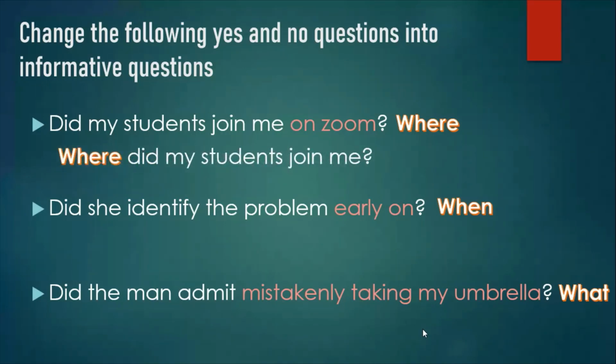So you see, where did my student join me? Very simple. All we have to do is place the WH question word at the beginning of the question. Let's pause the video, do number 2 and number 3, and then join me and we will check our work.